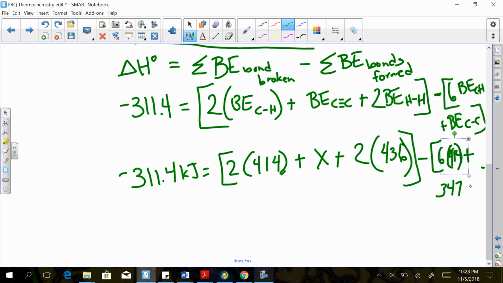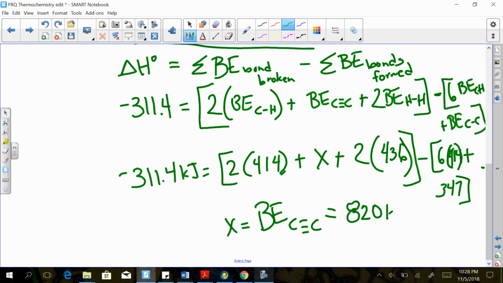And I will close that out. And it's time to start adding them all up. And when I do and solve for X, I get X, which is the bond energy of that carbon-carbon triple bond. That bond energy is 820 kilojoules.